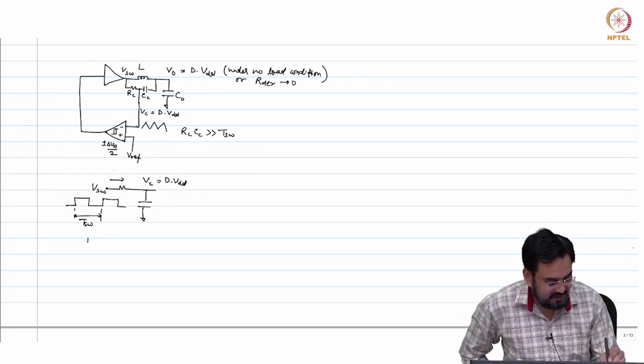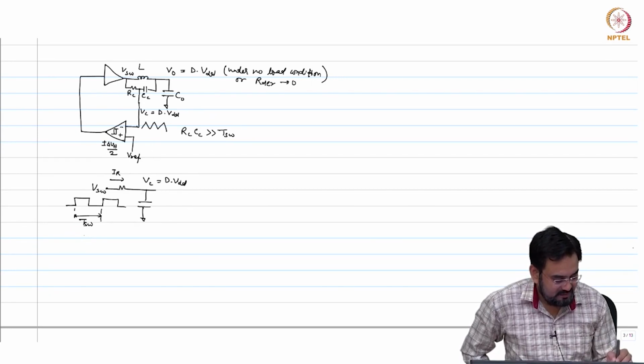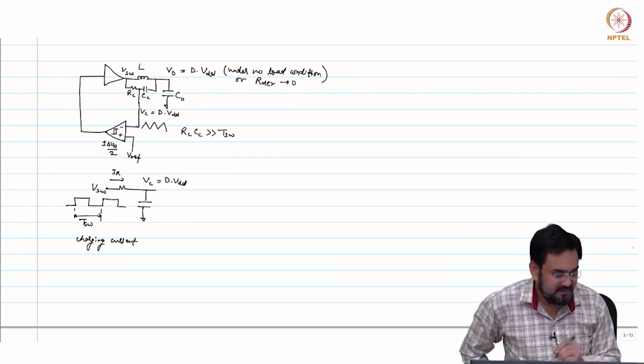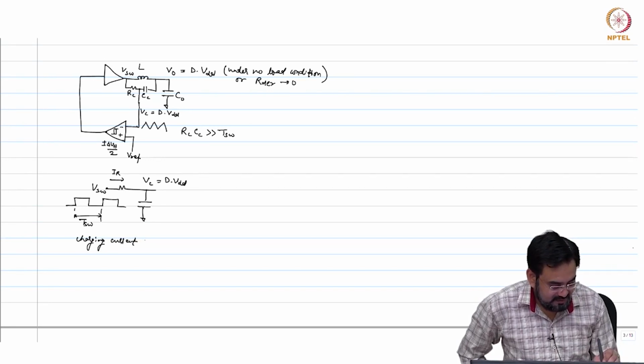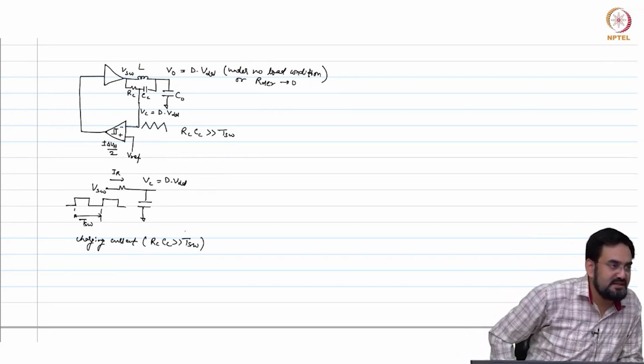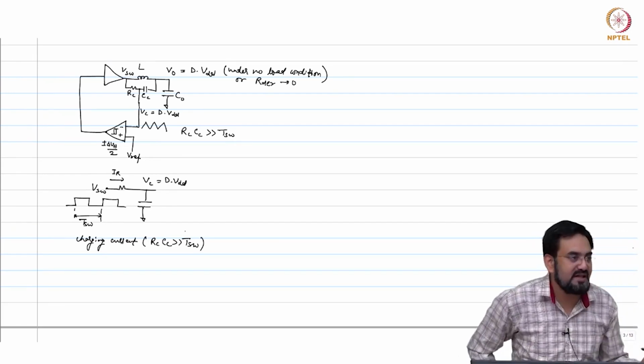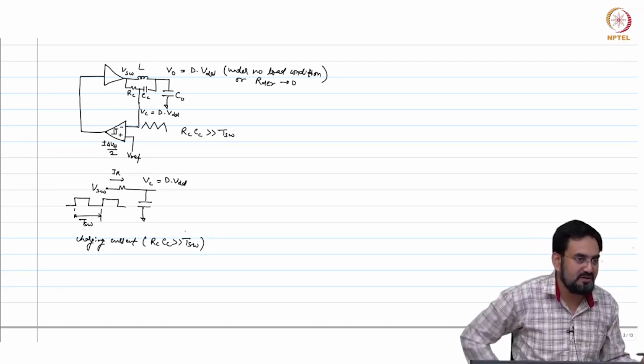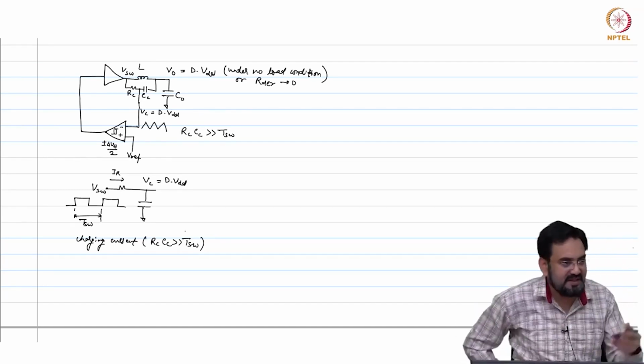So, if I call it IR, what is the charging current? If the RC time constant RC CC is large, then you can assume Vc as a DC, because VSW is a large signal and Vc is a small signal, even if you consider 50 millivolt of ripple, because VDD let us say is 1.8 volt.